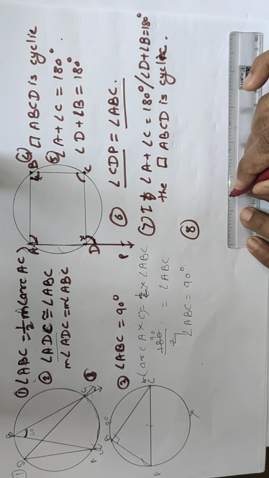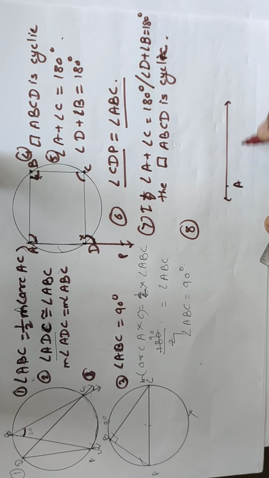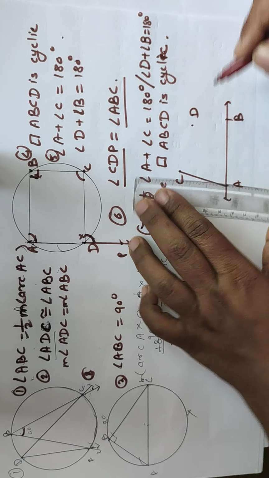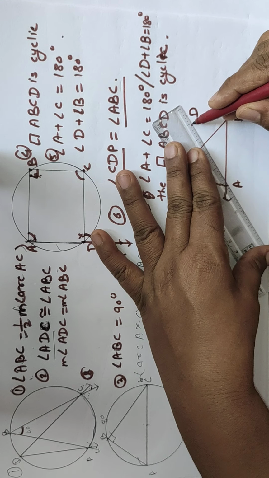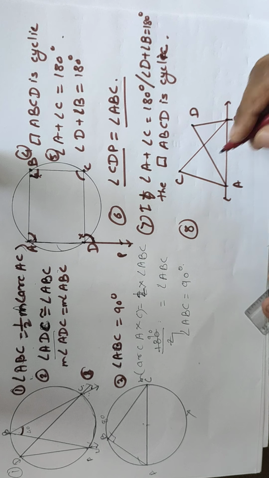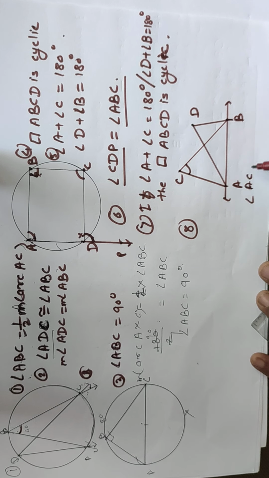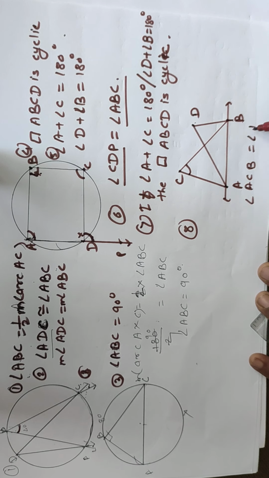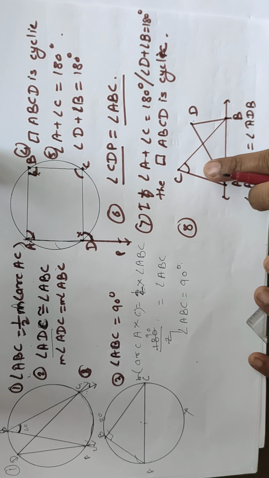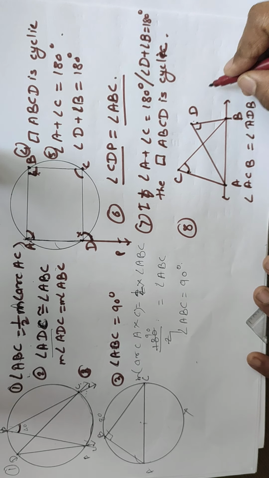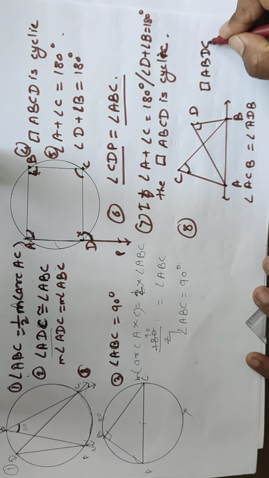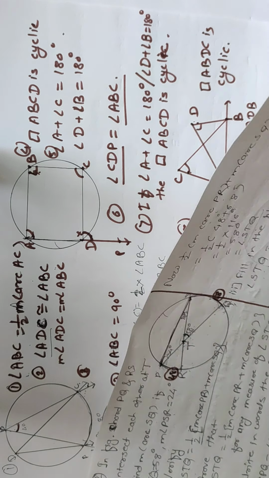Suppose this is the line AB, and here is point C and here is point D, and if we join these, and if angle ACB is equal to angle ADB, if these two angle measures are the same, then the given quadrilateral ABDC is cyclic.